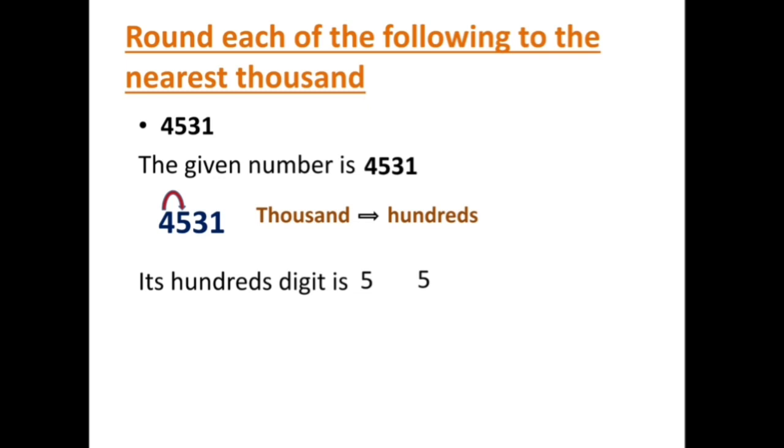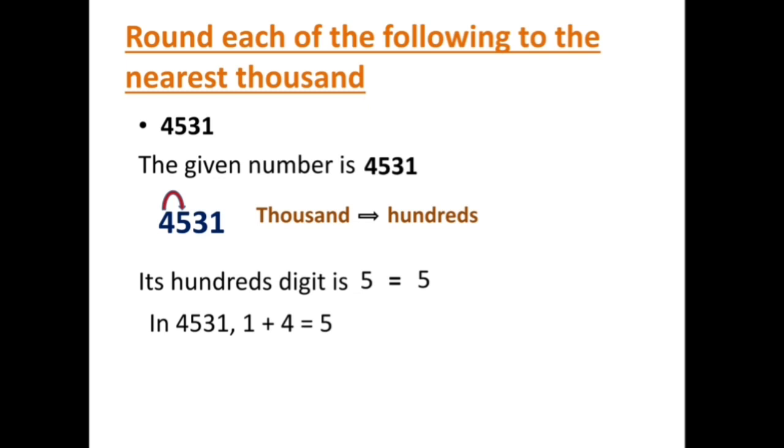Here hundreds digit is 5 and 5 is equal to 5. So what do we have to do? We will add plus 1 to the thousands place, and hundreds, tens, ones place will become 0. Remember, if the estimation is in thousands, we get the answer in thousands only.